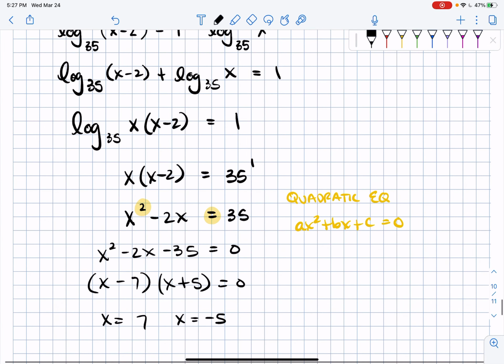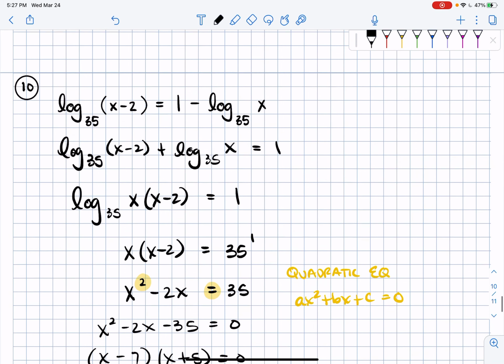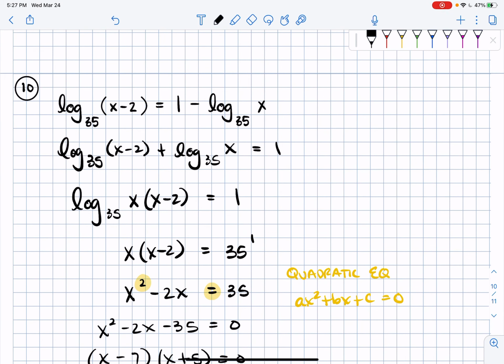Right? So here is the biggest part. We have logs here, and it's log base 35, but I want you guys to understand something. Number one, I cannot take a log of a negative number, right?